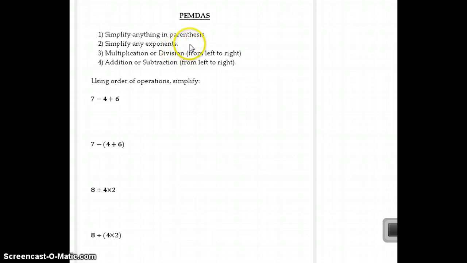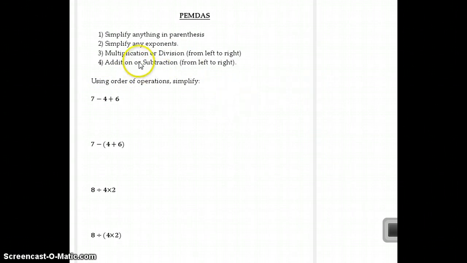M and D. PEMDAS really should say PEMDAS, because the M and the D are not in front of each other one way or the other. Whichever comes first from left to right is the correct order.